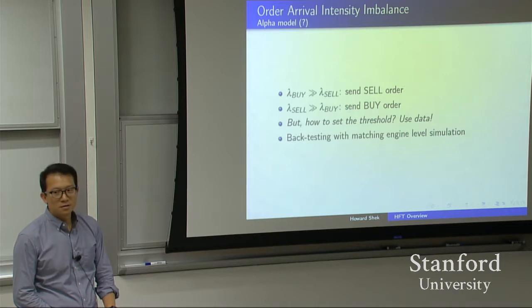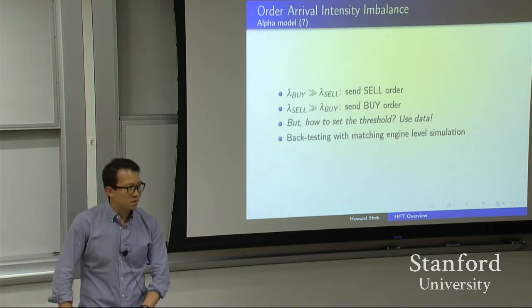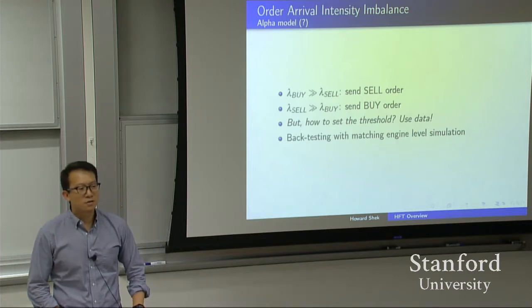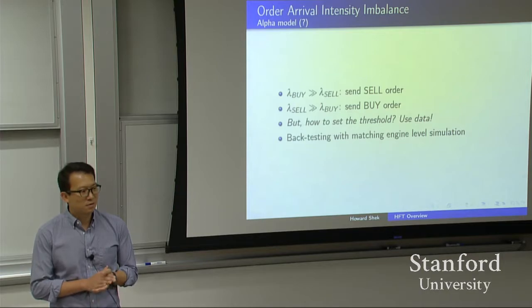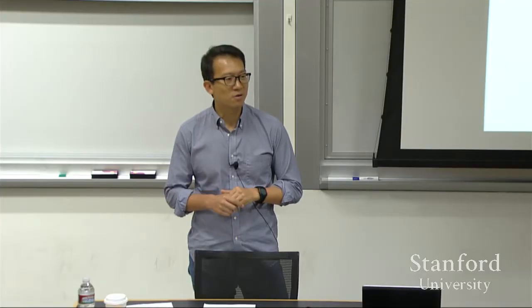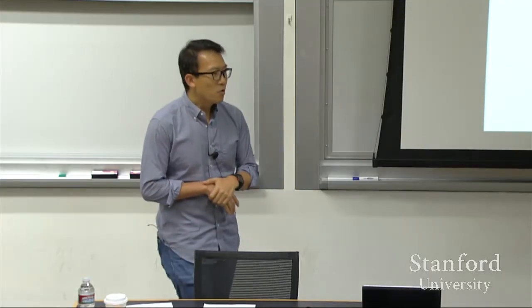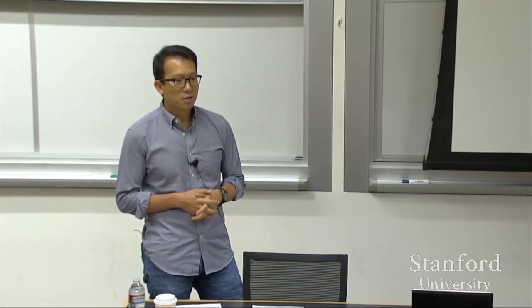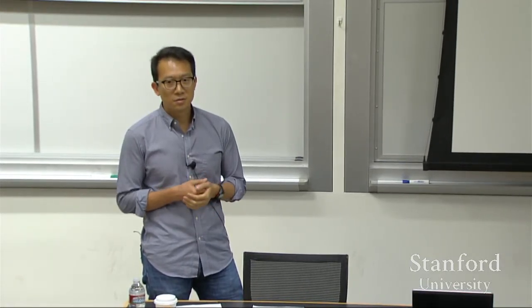Okay. A quick word about backtesting. There are at least two different flavors of backtesting, with different degrees of accuracy. For most liquidity-taking strategies, if your strategy is not going to have too much impact in the market, the simulation is reasonably simple.